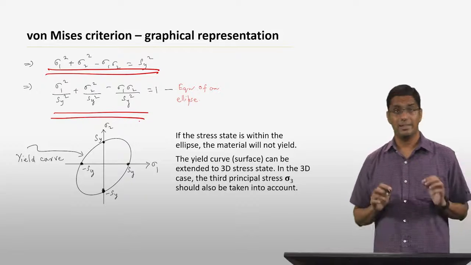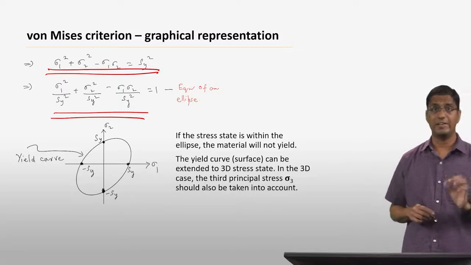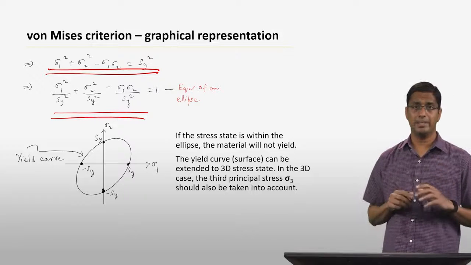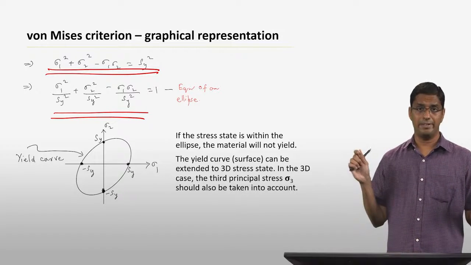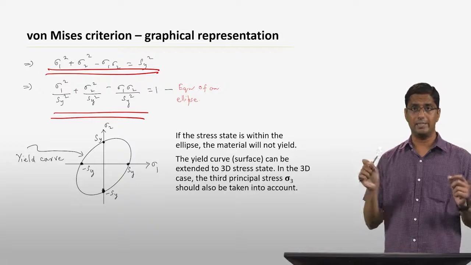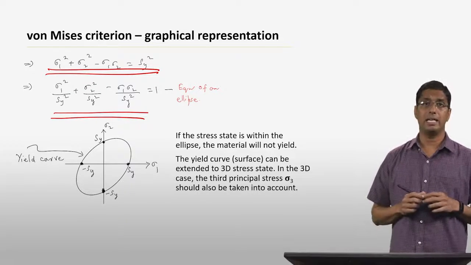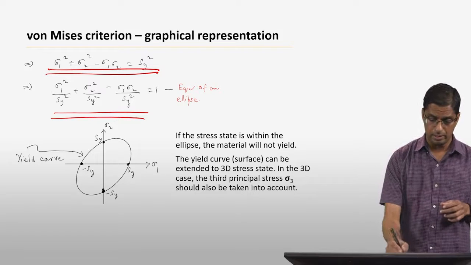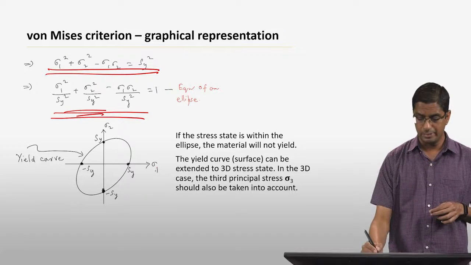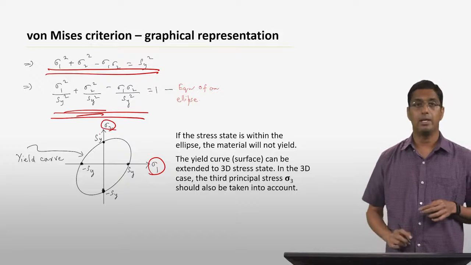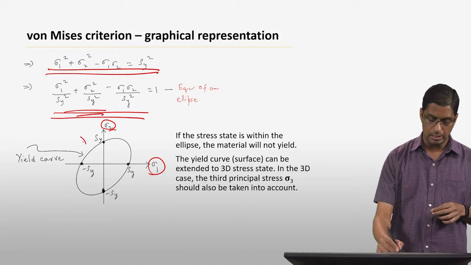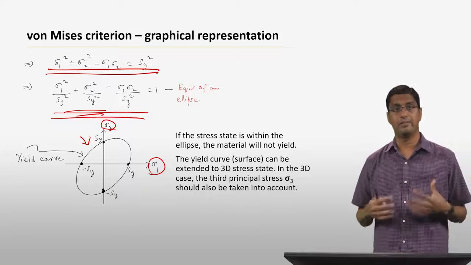And this equation is essentially an equation of an ellipse. It is not an ellipse where the major axes are the x and y axes, but it is essentially an inclined ellipse. So if you plot this particular expression as a function of sigma 1 and sigma 2, that is how the yield surface or the yield curve will look.